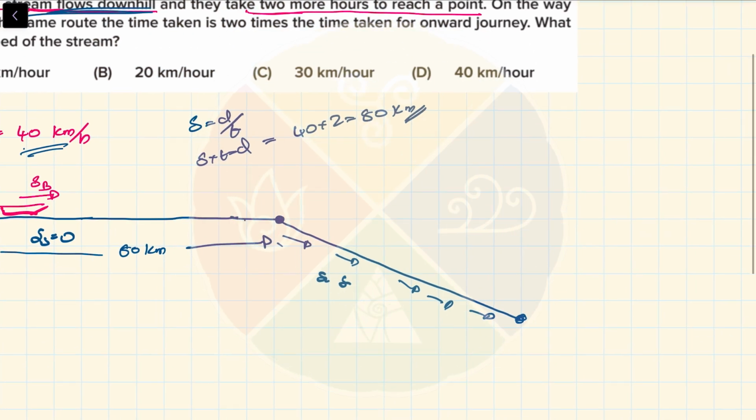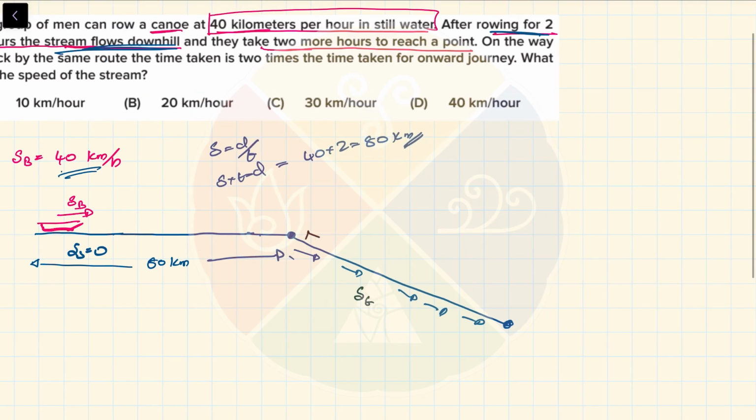Now after this, here the stream has some speed. We don't know what that speed is, but it has an influence, because once the boat reaches here, its speed is going to increase. First, the speed of the boat is there, and on top of it the speed of the stream is also there. From this point, they take 2 more hours to reach the point, rowing for 2 hours.